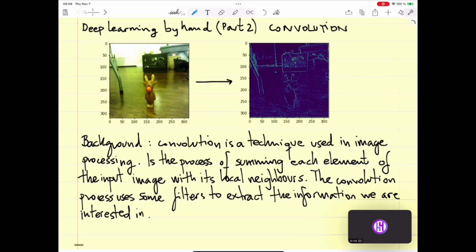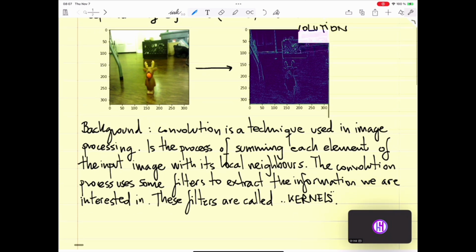Okay? We will see now some of them. These filters are called something that comes from German, kernels. Okay? From kern, nucleus.